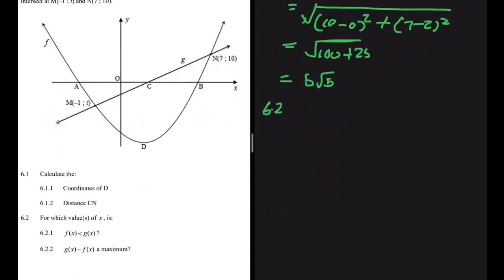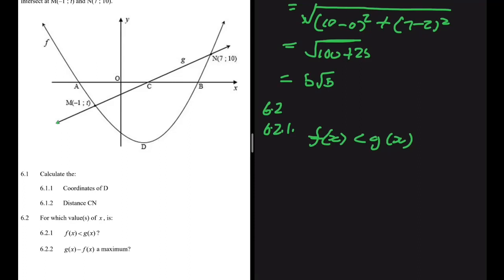Let's do 6.2 and then 6.2.1, for which values of x is f of x less than g of x. So we're looking for the x values where g of x is on top of f of x.